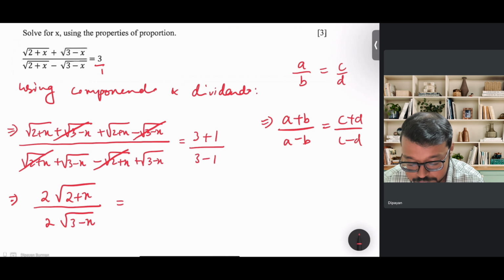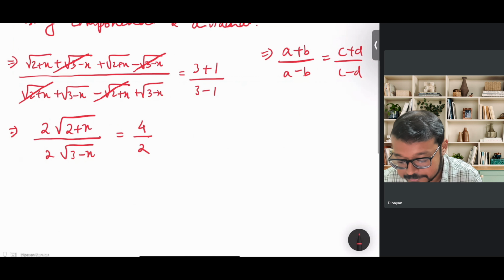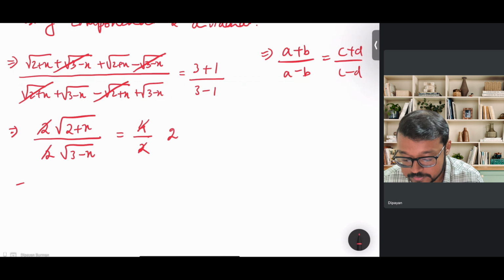This is equal to 4 by 2. So now if I simplify, these two are cancelled. 4 by 2 is simply 2. So I will have root of 2 plus x by root of 3 minus x is equal to 2.